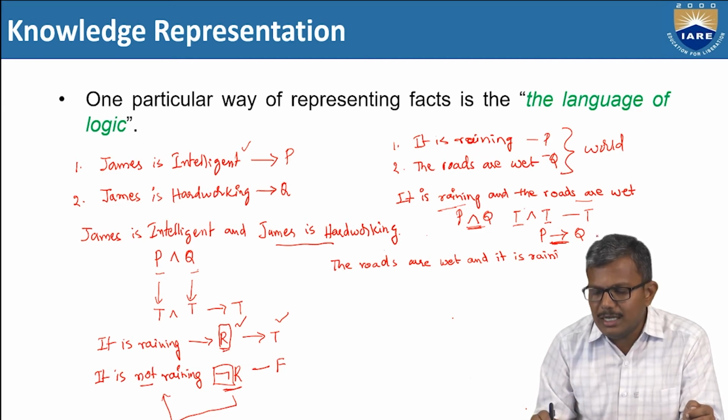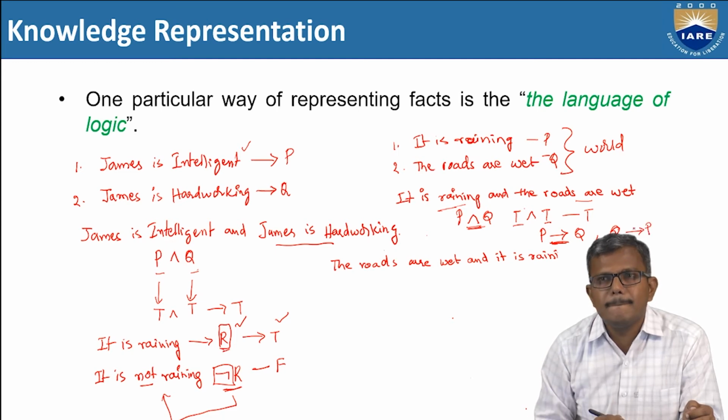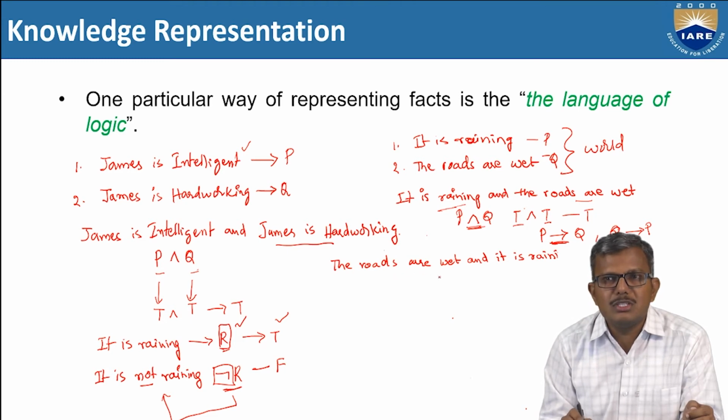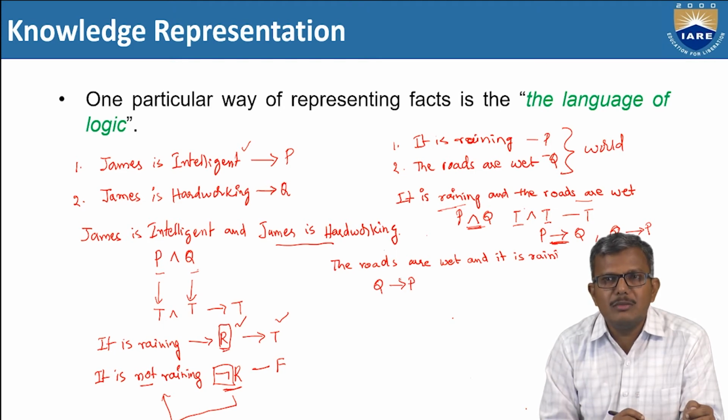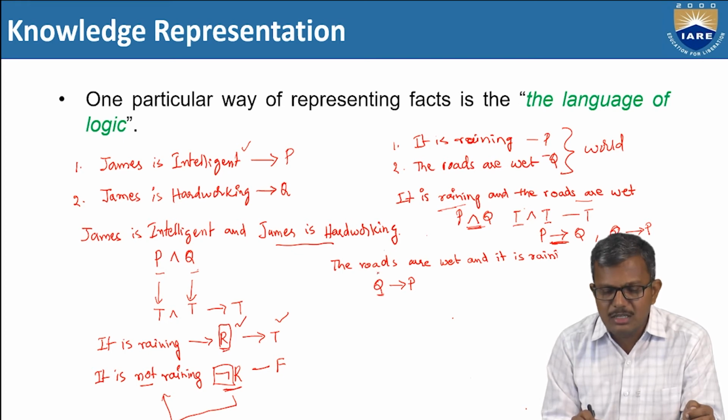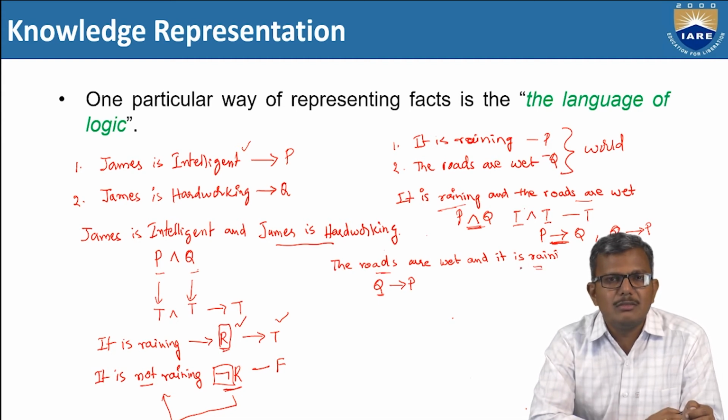Similar to that, can I say like this? Can I write Q implies P? For this, I am taking this example: the roads are wet and it is raining. The roads are wet, we have represented with Q, and we are saying because of this reason. What is the reason? The roads are wet because of the raining.